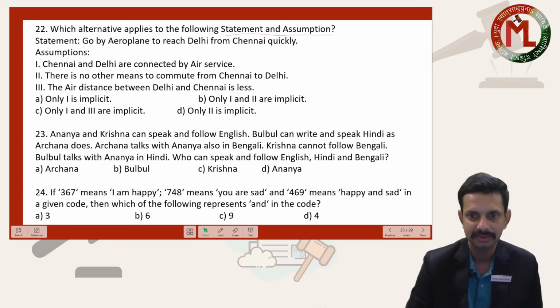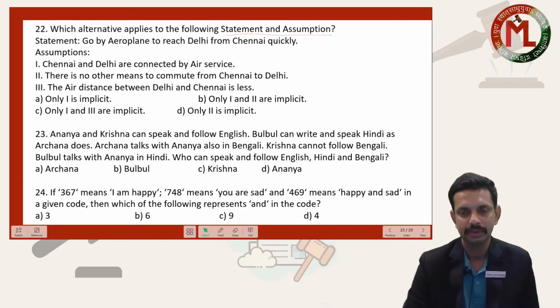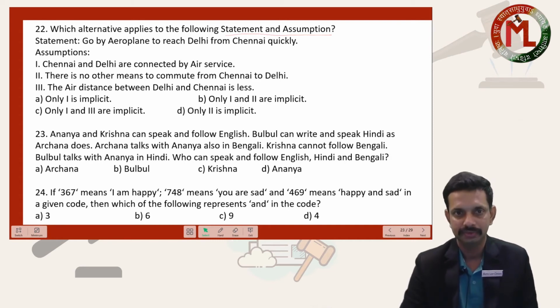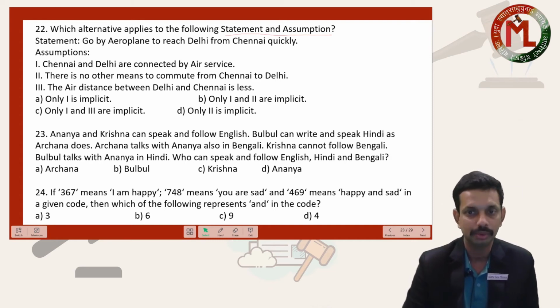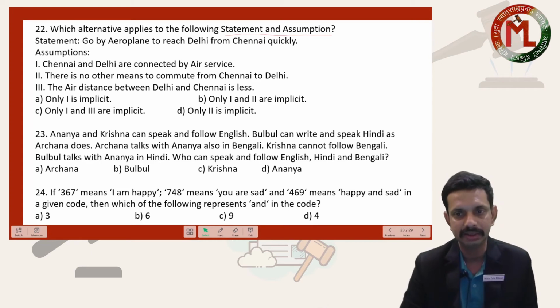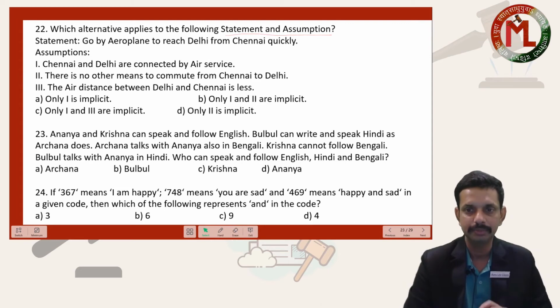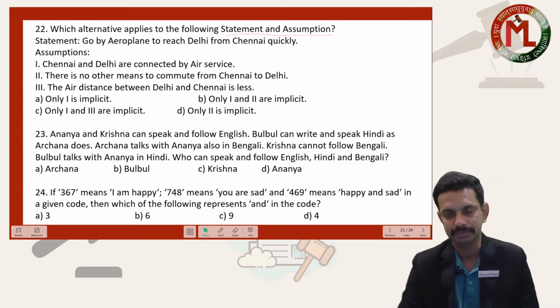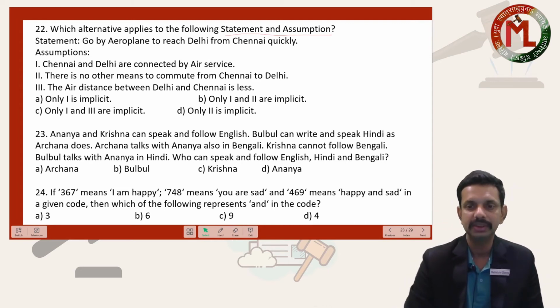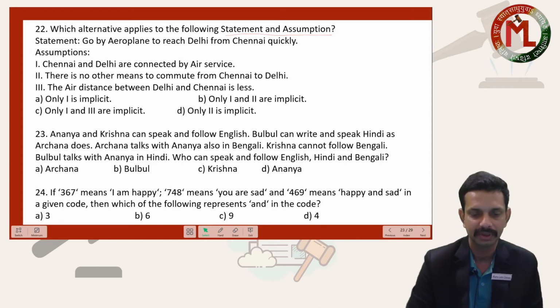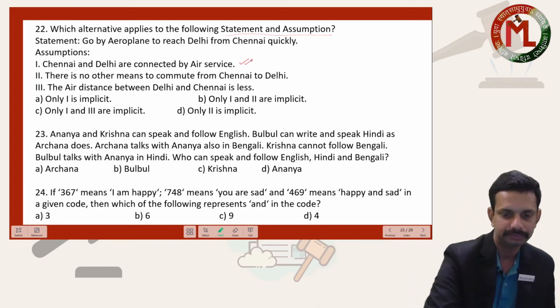right? Sure, you can go to Delhi from Chennai by aeroplane only if both the cities are connected by air services. Now, it is not written in the statement that both the cities are connected by the air services, but as per the given statement, we can assume that both the cities are connected by the air services, right? Now, the next thing.